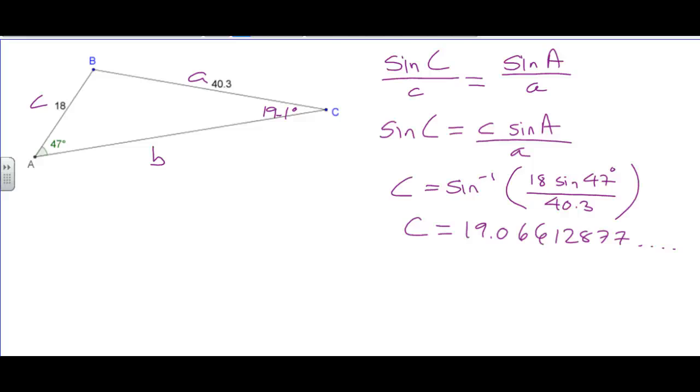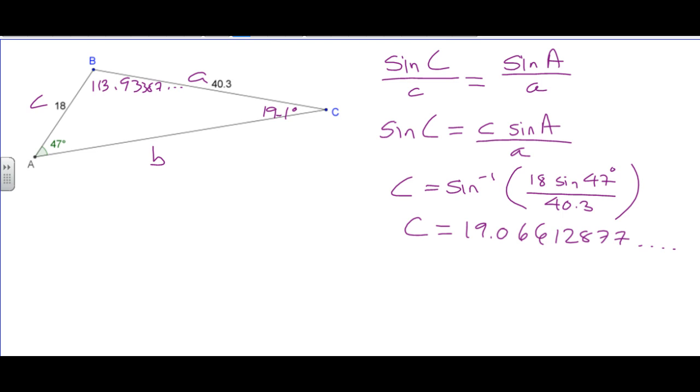That's the number we're going to use when we do our next calculation, because we only want to round the final answer. So angle B is 113.9. That's what I would write out for the answer, but what I'm going to use is 113.933.